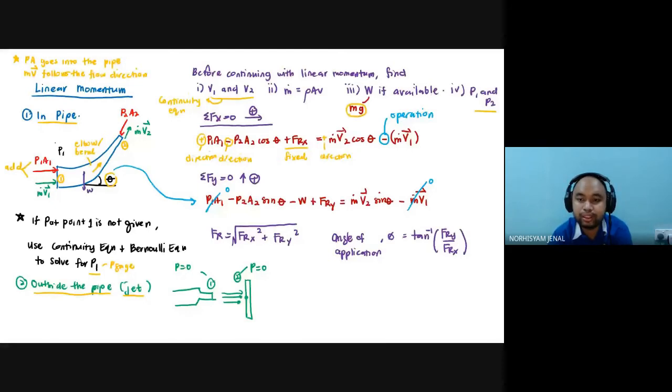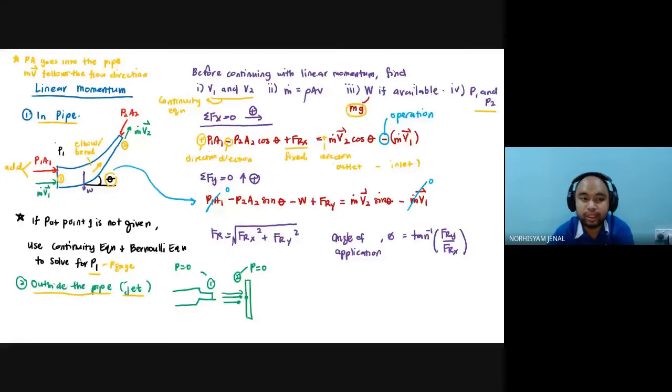It's always outlet minus inlet. So m dot v2 cos theta minus m dot v1, based on the direction. So it's always outlet minus inlet.